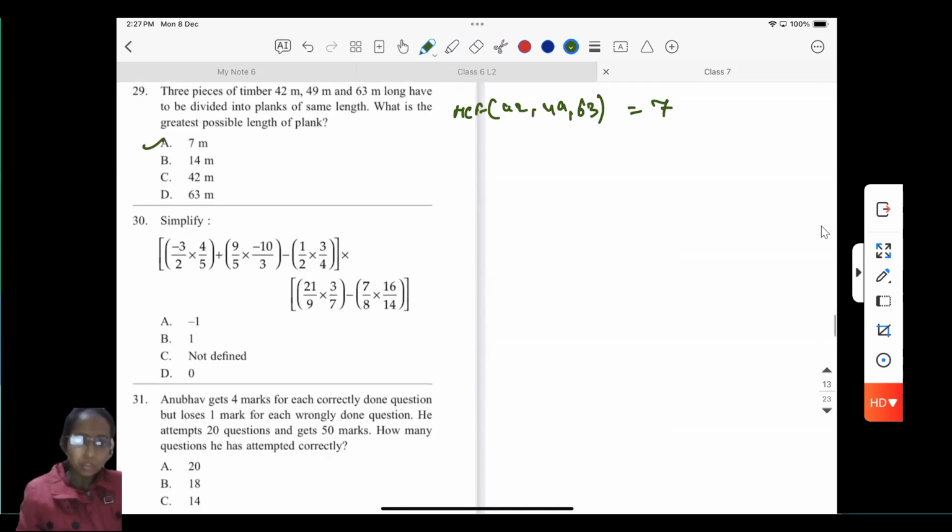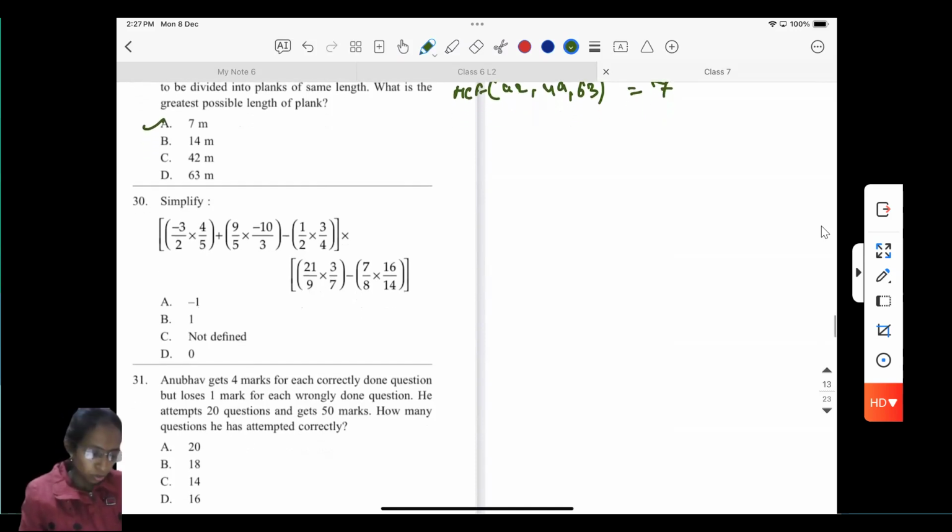Next one, we need to simplify this. So what we can do is, we can see this can be cancelled like 3 and 5 two times, 2 again 2 times. This cannot be cancelled, but 7 three times, 3 into 3 is 9, 8 two times, 7 two times and 2 into 2 is 1.